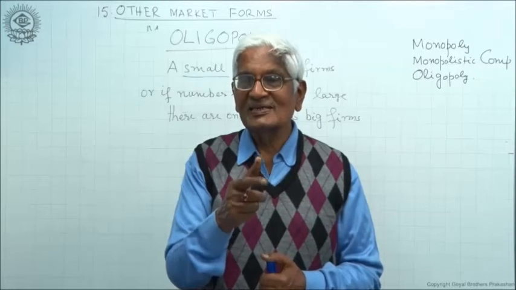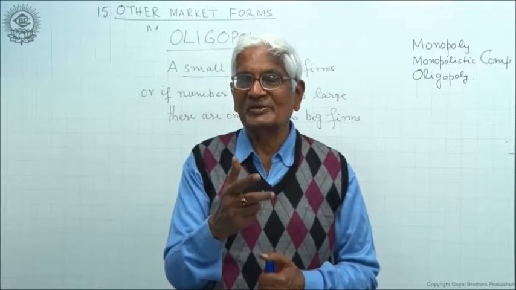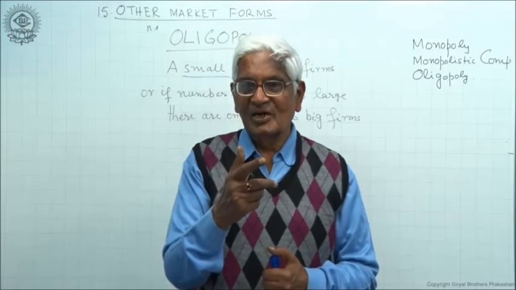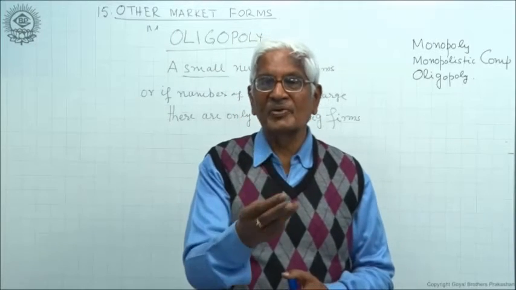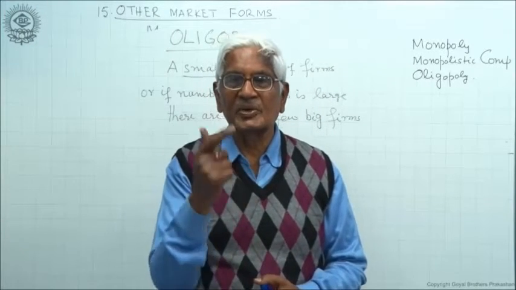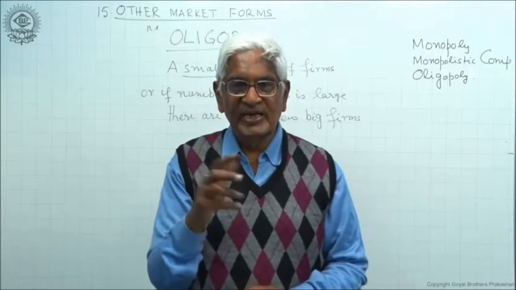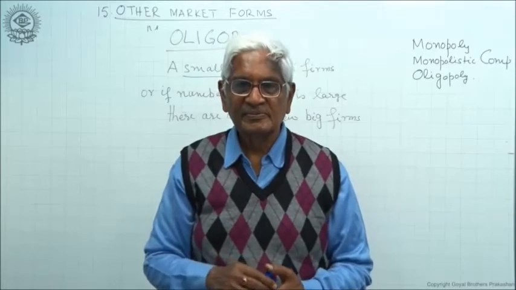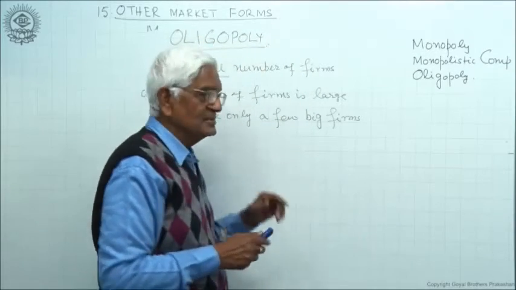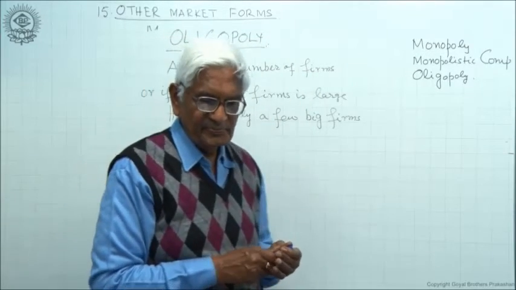Now this is not present. This reaction feature of oligopoly is not present in other market forms like perfect competition, monopolistic competition, and monopoly. There we assume that no rival reacts. Here we say the rival reacts. So the number is so small that the rival reacts.